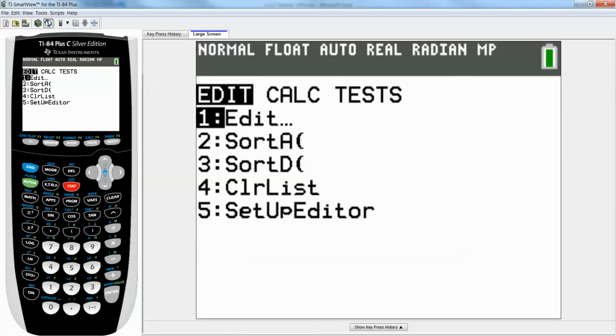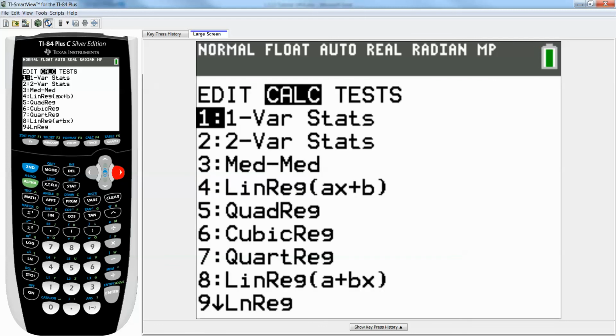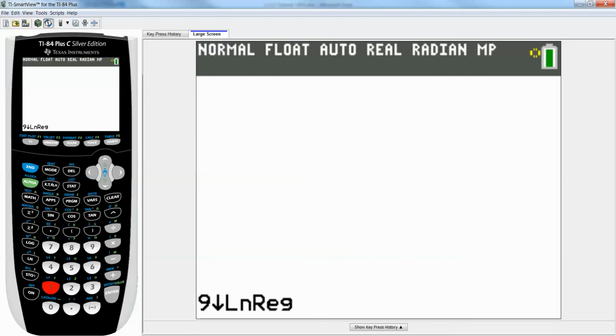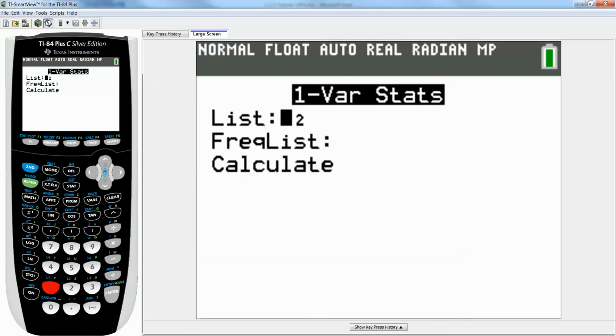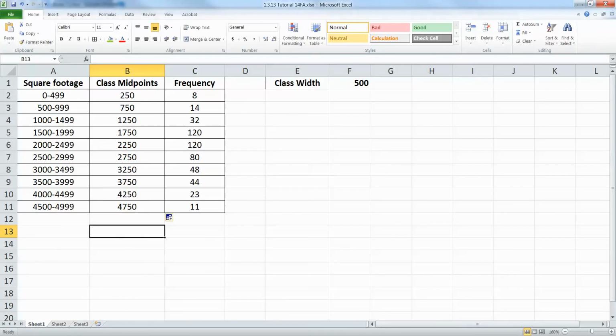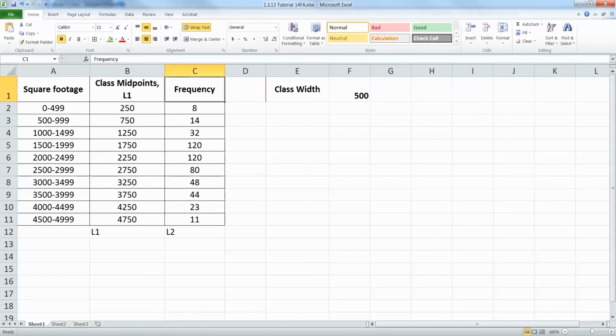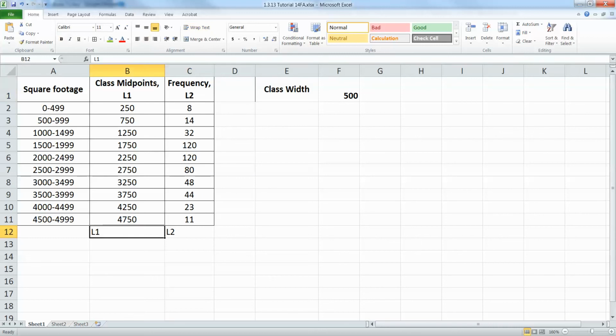So now I need to go to Stat, move to the right to Calculate, pick number 1, one variable stats. Now my data, remember, was in this column here. This was L1 for this column, and this is L2, right? So now I'll actually label it up here, L1, comma, L2, okay?